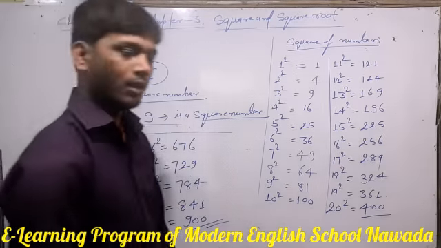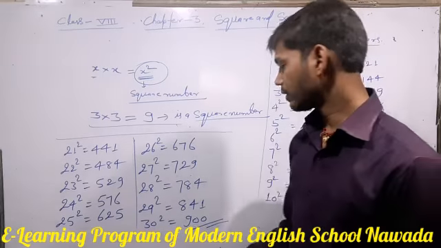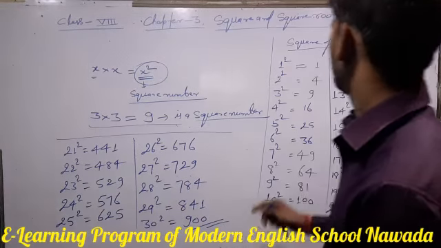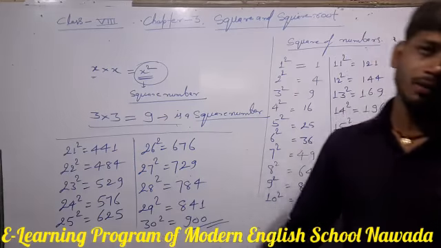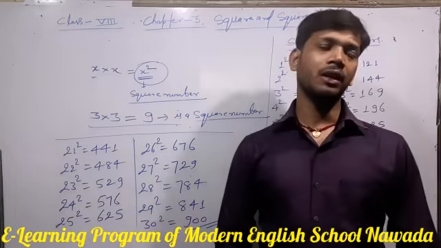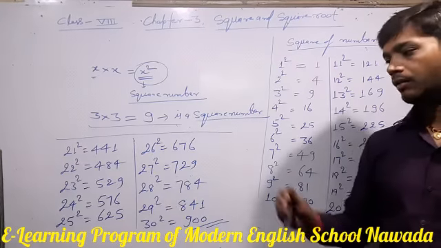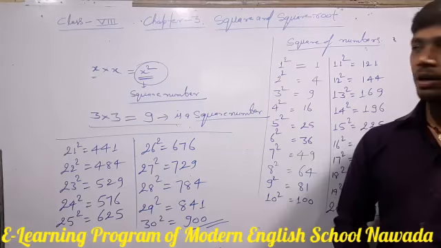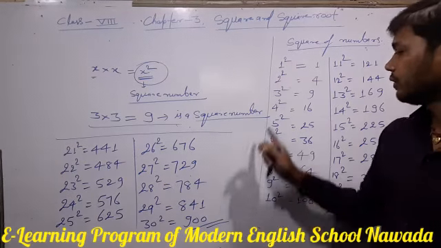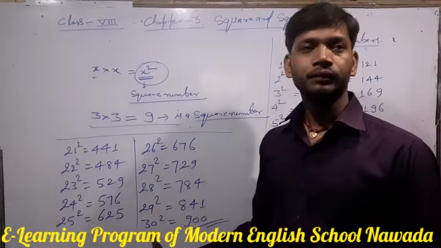Students, you have to remember the squares of 1 to 30. It is very important, and it will be regularly used in further chapters. So you have to remember all these squares of 1 to 30.